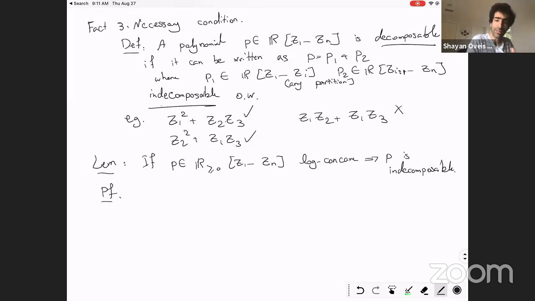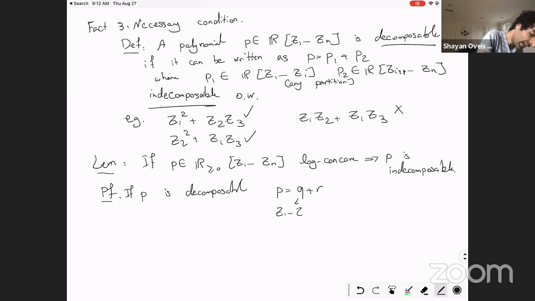Suppose not, so we prove by contradiction. Suppose P is decomposable. Say you write it as P equals Q plus R, where Q is on variables Z1 up to Zi, and R is on variables Zi plus 1 up to Zn.